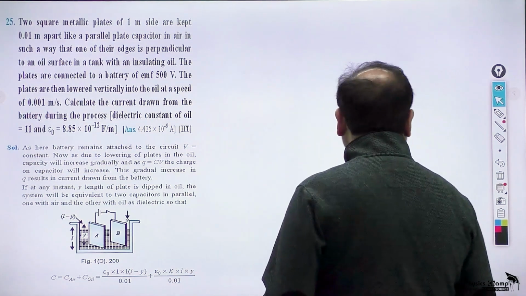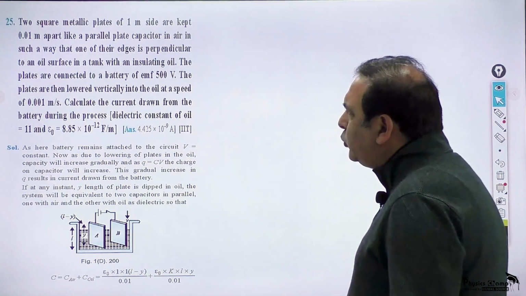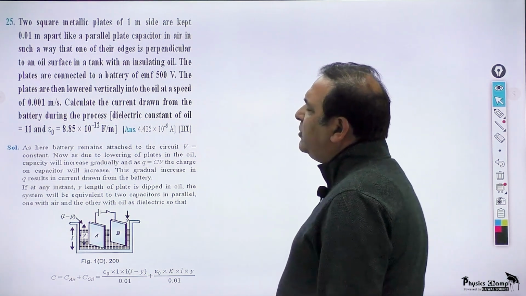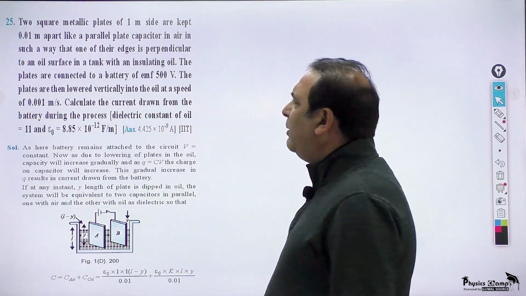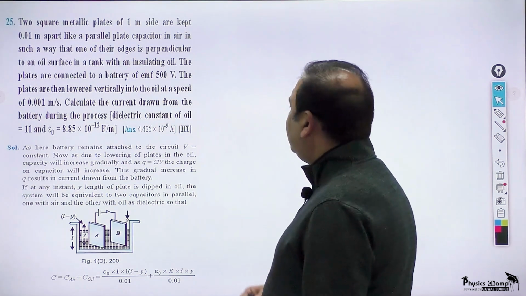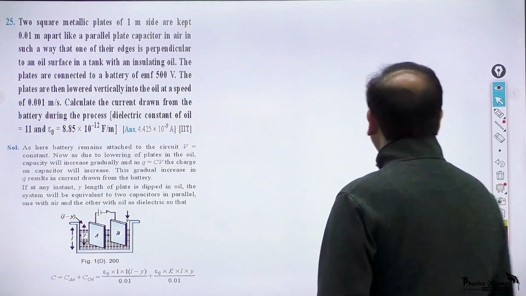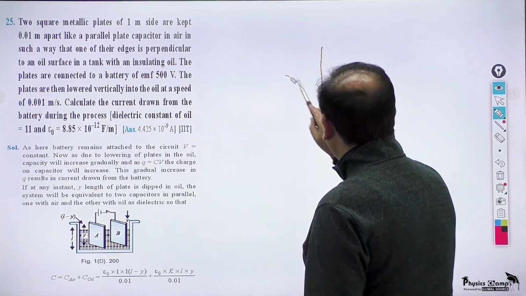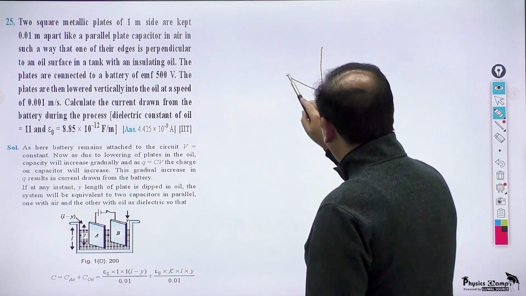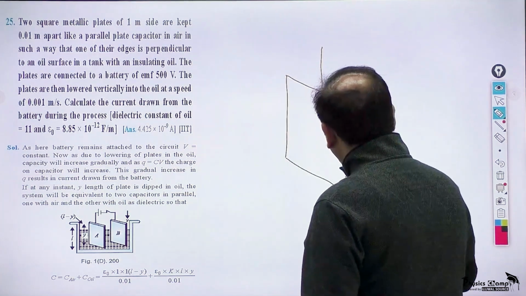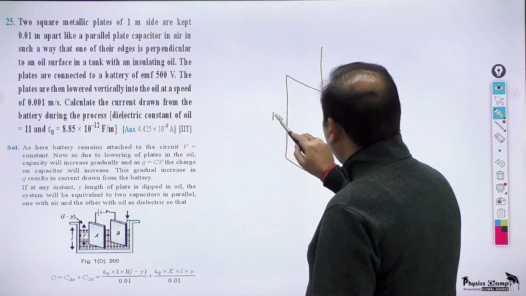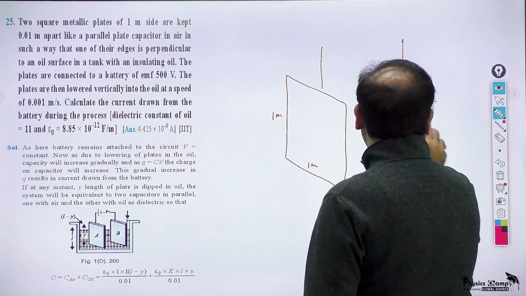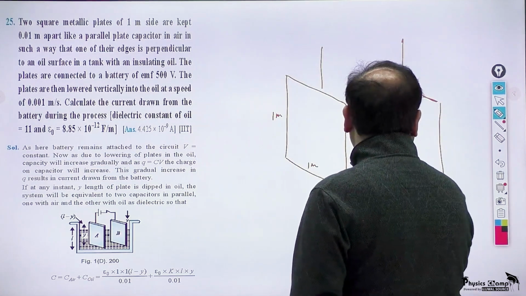Question number 25 says, two square metallic plates of 1 meter side are kept 0.1 meter apart like a parallel plate capacitor in air in such a way. So, here the situation is that there are two square shaped metallic plates of each side 1 meter, and they are not kept very far apart.